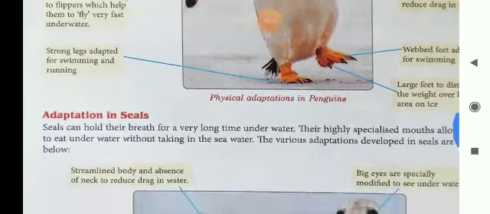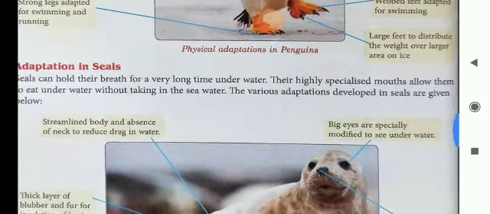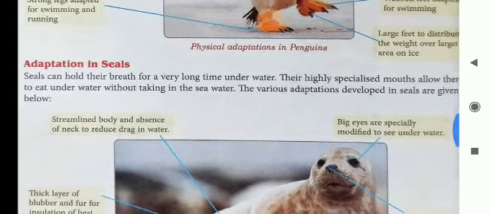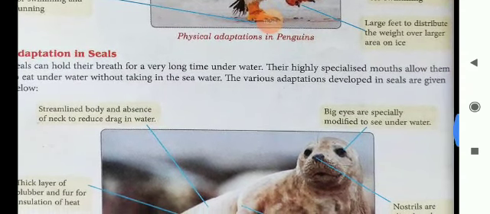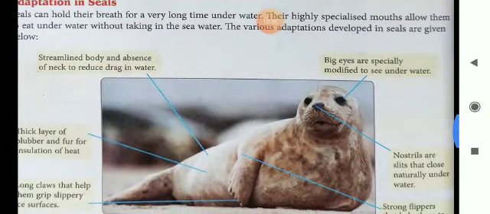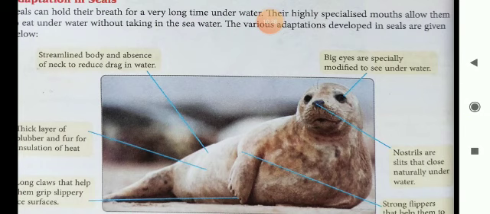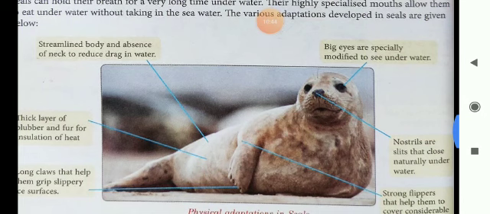Then adaptation in seals. Seals can hold their breath for a very long time underwater. Their highly specialized mouths allow them to eat underwater without taking in the seawater. So the various adaptations, first, big eyes are specially modified to see underwater. It has very big eyes. Then a streamlined body and absence of neck to reduce drag in water.